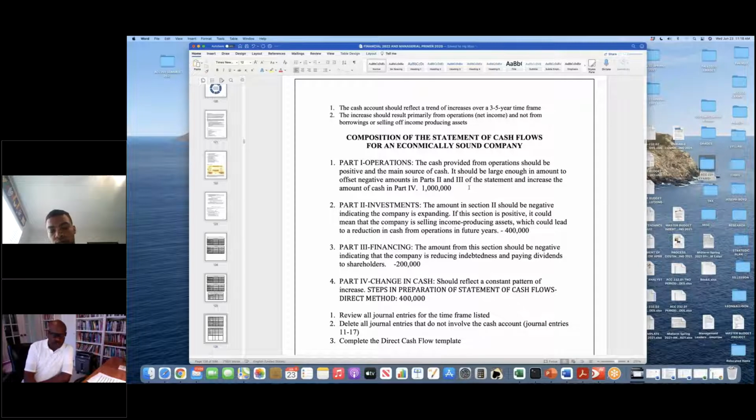So a typical example: if our company had $1 million in cash from operations, expanded and spent $400,000, paid $200,000 in debt, and still had $400,000 left over, that's an example of a good company.